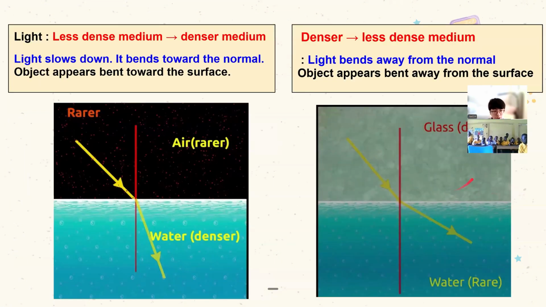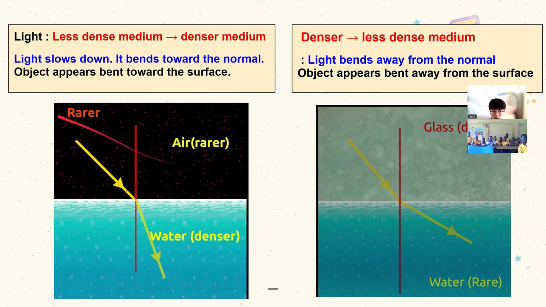If we look at this picture on the left, this is a case where light travels from a less dense medium to a denser medium. So it goes from air to water. Air is less dense than water, meaning that in a certain space there are fewer air particles than water.